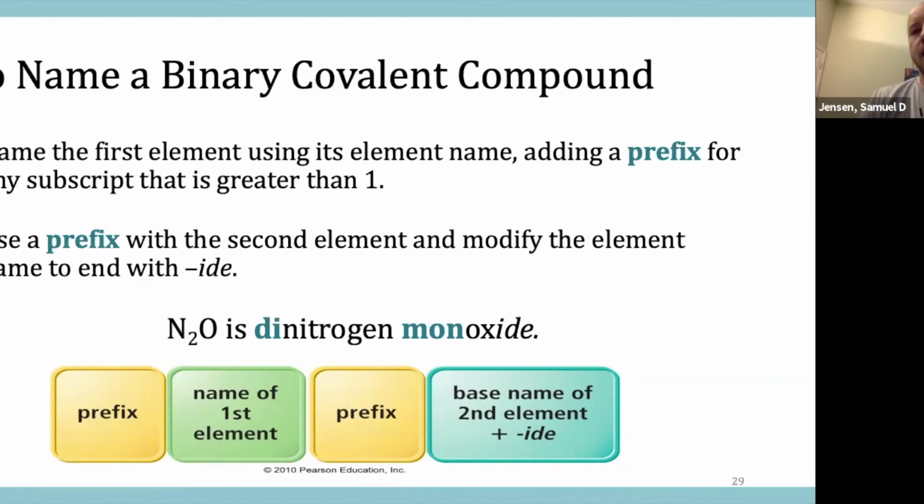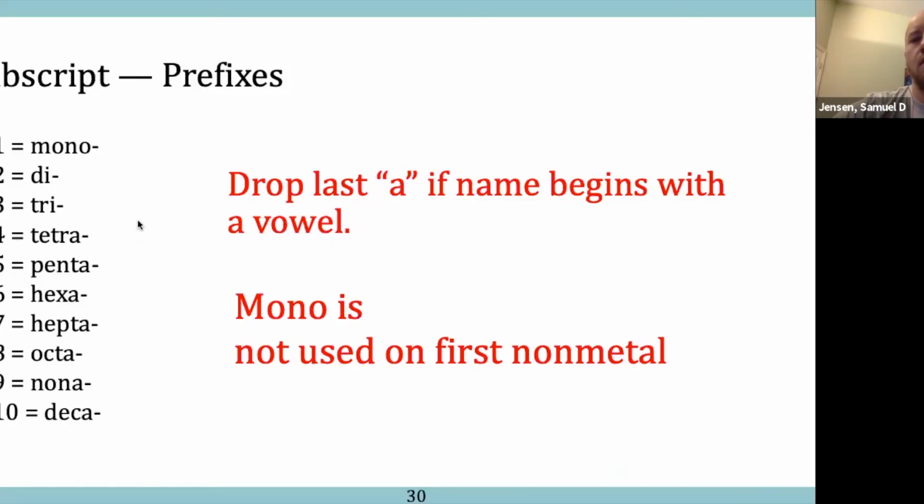Okay, the second element has an IDE ending just like it did before. The only difference here is that we have prefixes that go with each element in the molecule. So the prefix tells us how many of each element there are. So the covalent nomenclature is actually very easy because it literally tells you exactly what the formula is.